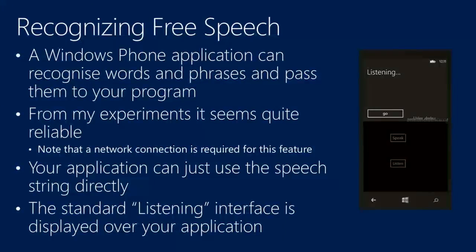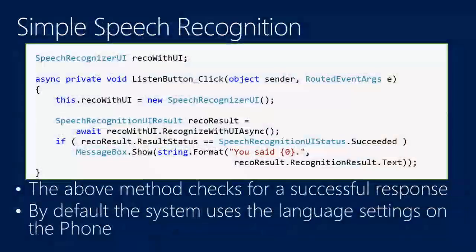Your application can just ask for a string and then act on it. And you get the same listening interface. So your program can come to a point where it asks the user a question, and the user then says something, and your app has to figure out what they said and then try and do something vaguely sensible. The mechanism is actually very simple to do because here we go, press the listen button, make ourselves a new speech recognizer, and then just ask the async call to go off and get the thing.